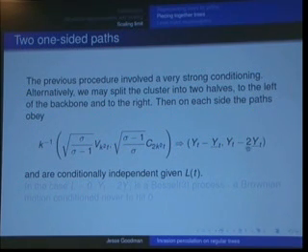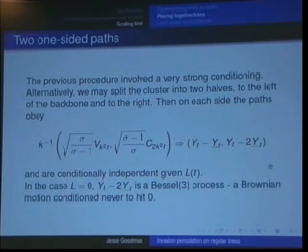If you now subtract y bar a second time, so that you've raised it even higher, that means you've actually produced a Bessel-3 process. That's as if you had taken a Brownian motion, told it never to hit 0, and taken the result.